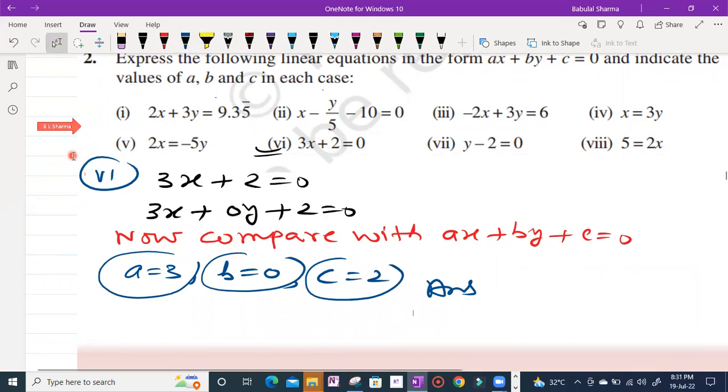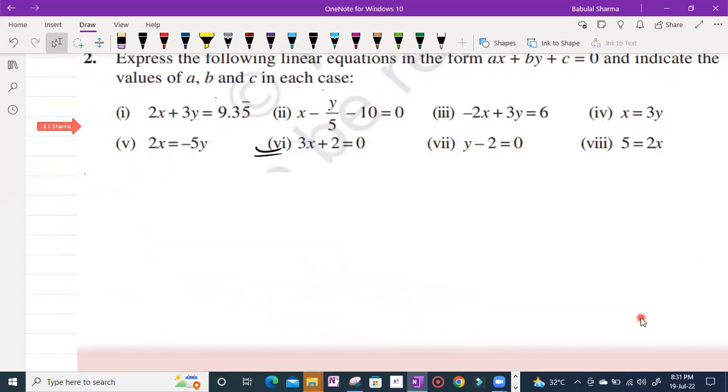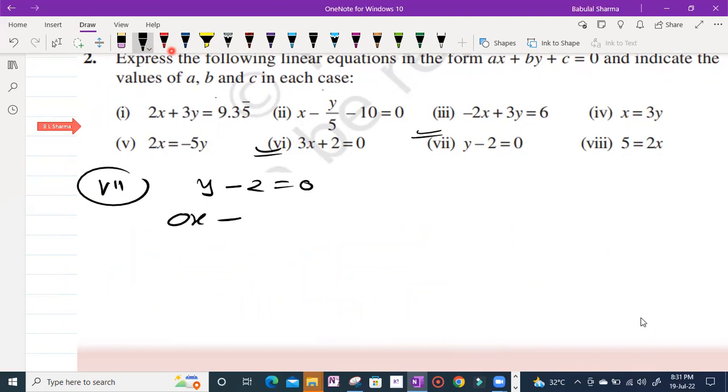And now the next part, that is part 7. Seventh part is y minus 2 is equal to 0. This is seventh part. यहाँ पे x का कोएफिशिएंट नहीं है, वेरिएबल x नहीं है, तो we can write here 0 into x plus 1 into y minus 2 is equal to 0.